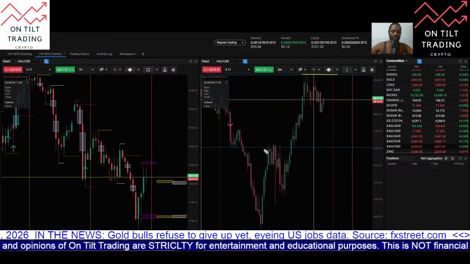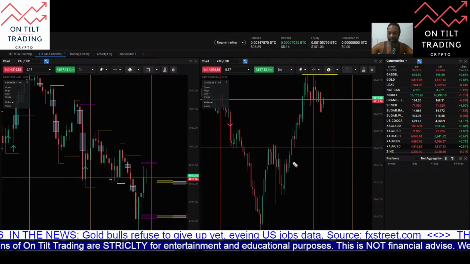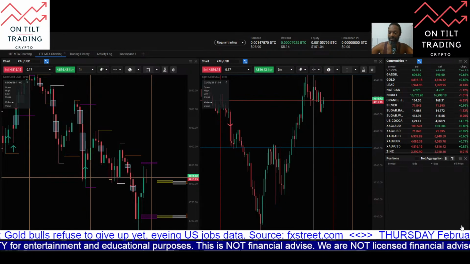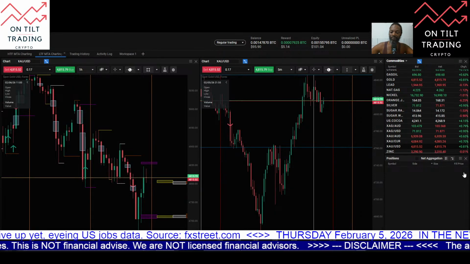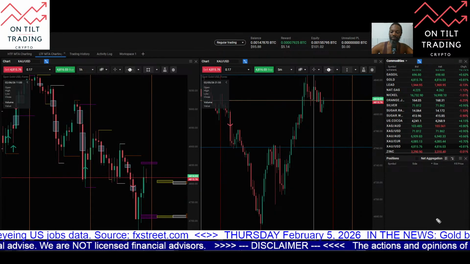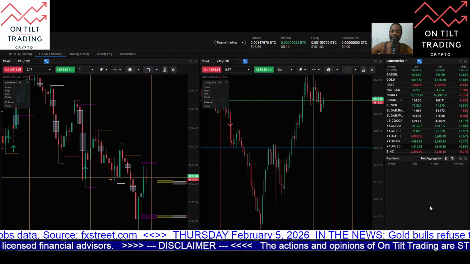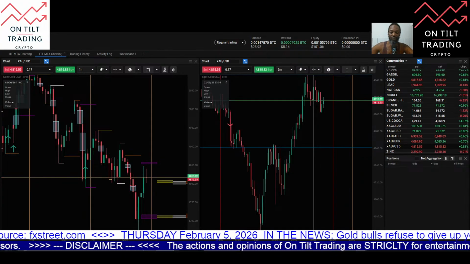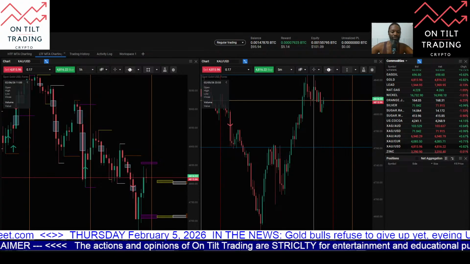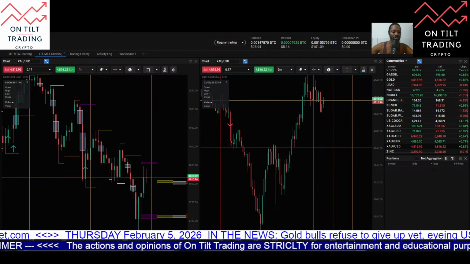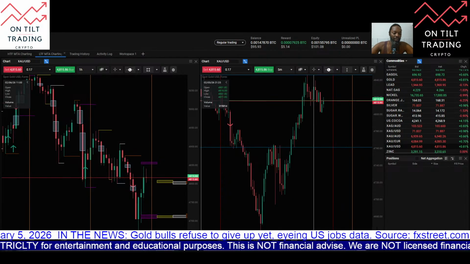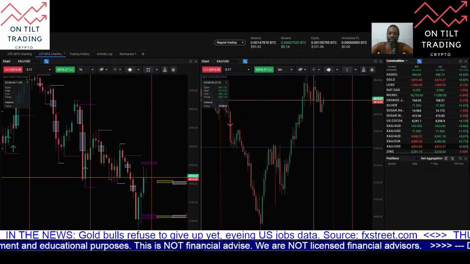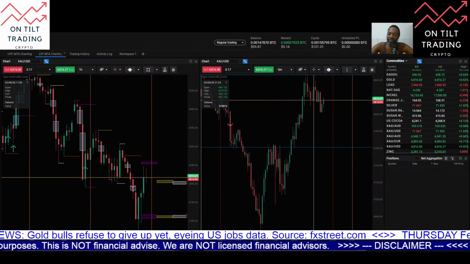So in order for me to consider taking a position, I'm going to at least need to see those three confirmations. And then after that, I have a few other minor confirmations that I would want to see in order to even confirm these three confirmations. So I'm really trying to dial in and pinpoint everything that I want to see to make more high precision and high accuracy trades.